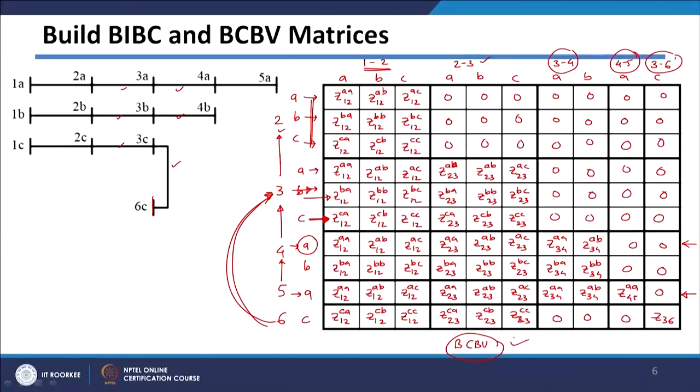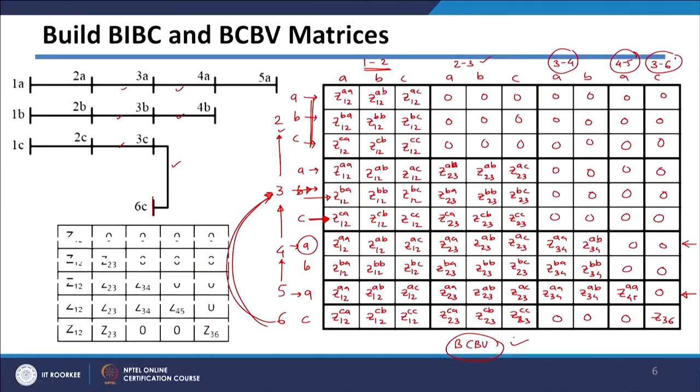So, this is how actually you have to build your BCBV matrix. Again, if you compare the structure of the balanced system and the unbalanced system, it is similar. So, this was the matrix which you got for the balanced system. The only thing is, whenever all 3 phases exist in this section and in this section, these entries will be 3 by 3 entries.